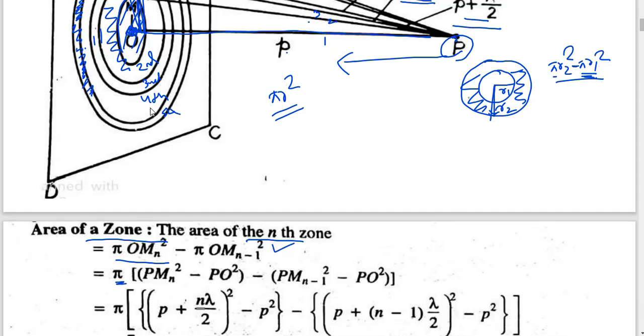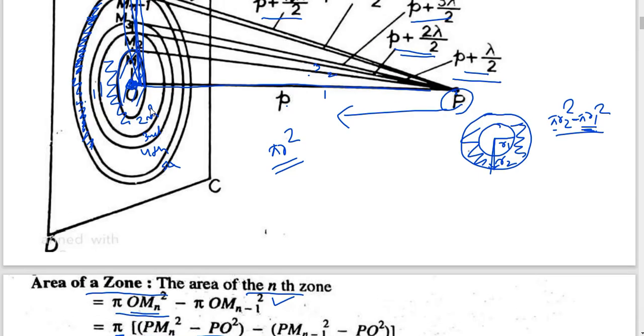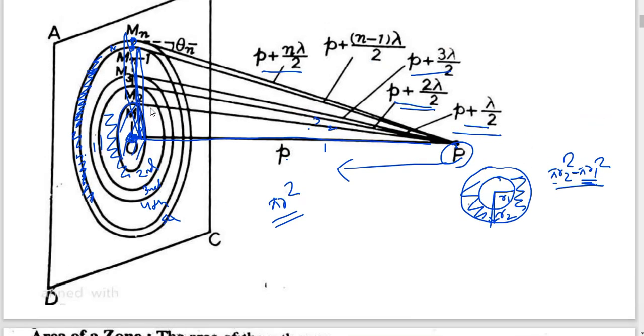So OMn square is equal to PMn square minus PO square. Look at the figure, this one is a right angle triangle. This part is H, the hypotenuse, this part is P, the perpendicular, and this part is B, the base.